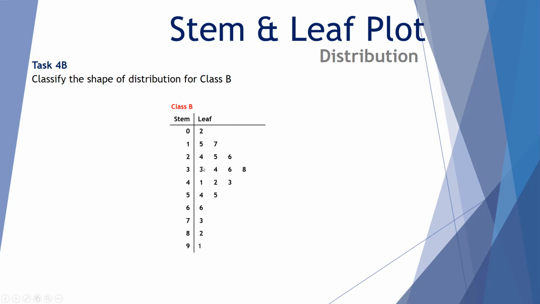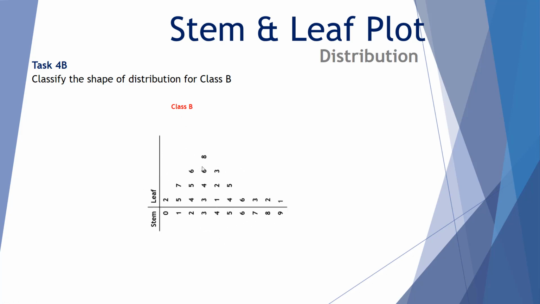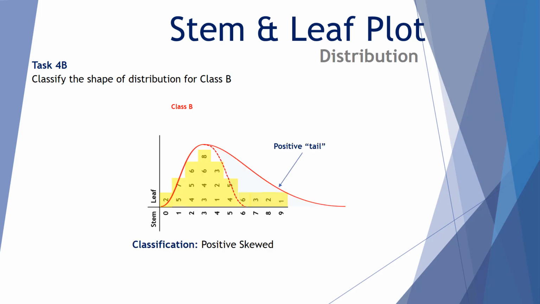Let's look at Class B. Once again, if I were to rotate our stem and leaf plot 90 degrees counterclockwise, and then turn that into a histogram, you would see our distribution looks different. If this distribution were symmetrical, it would go up and create a mirror image on the right-hand side. However, as you can see, there's considerable data to the right of this dotted line.